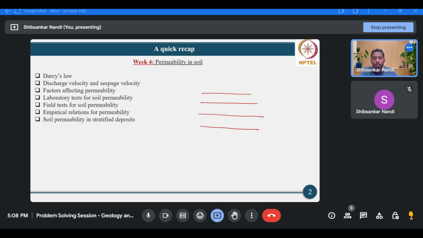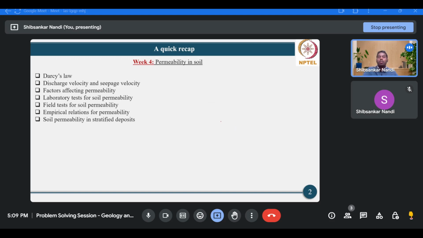In this case, the coefficient of permeability changes for each layer along the direction of flow. So, to simplify the calculation, we have to use the concept of equivalent permeability for this kind of stratified deposit. We'll also solve one problem on this aspect.